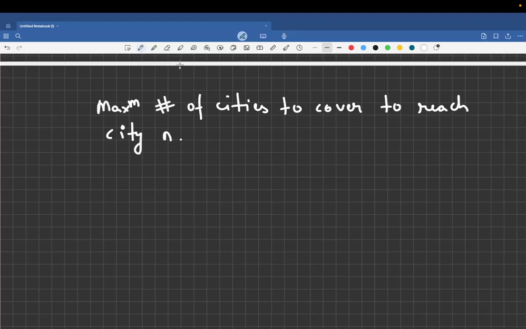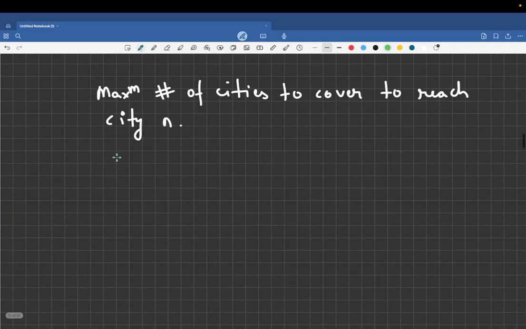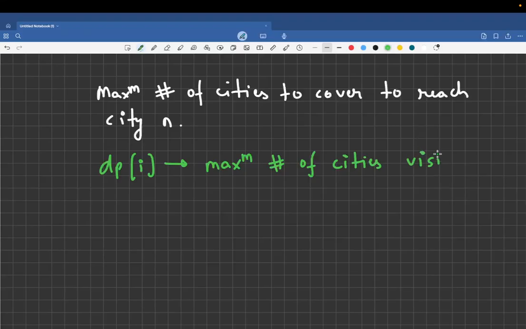To do this, what comes to my mind is, can we use DP over here? I think we can. What if I define a DP state such that dp of i tells me the maximum number of cities visited to reach city i?